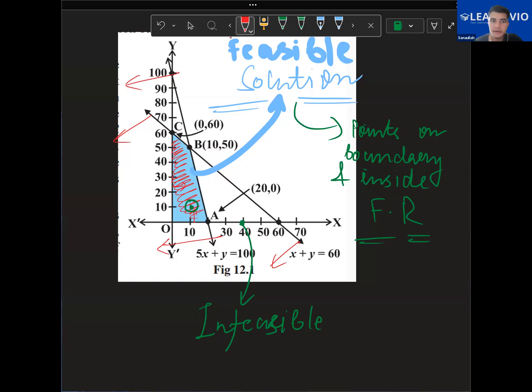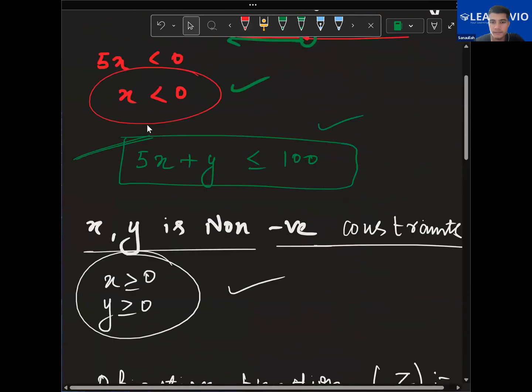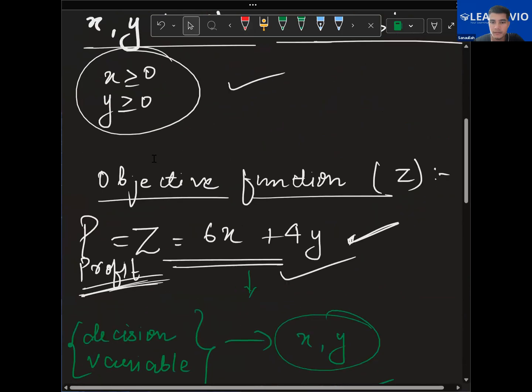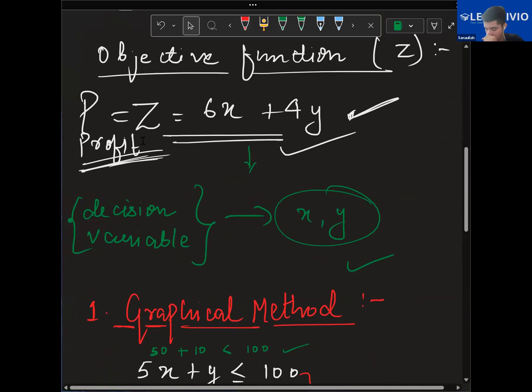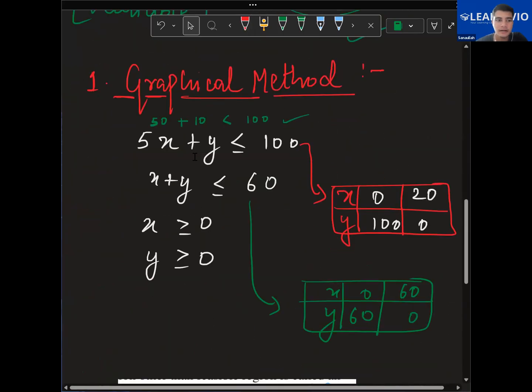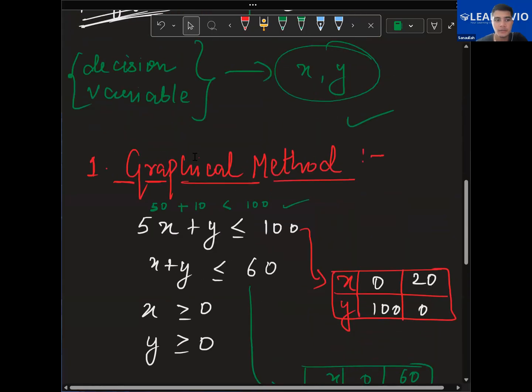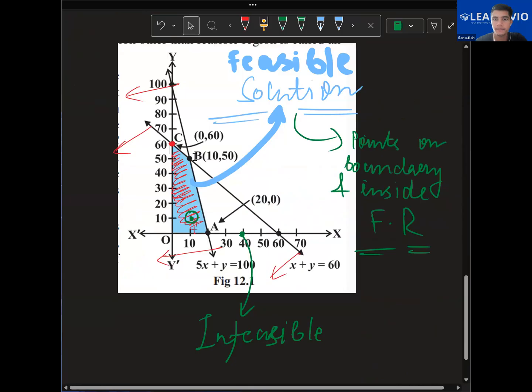See, जितने भी आपके corner points होते हैं, on those points you have to check your objective function value. और उस पे आपको check करना है that's what you required. If you want to maximize your objective function or minimize, you have to do accordingly.